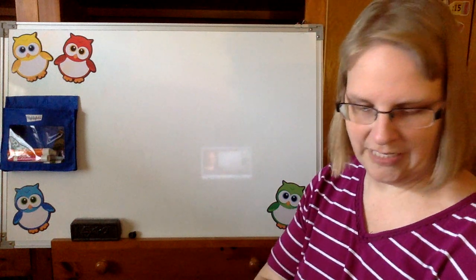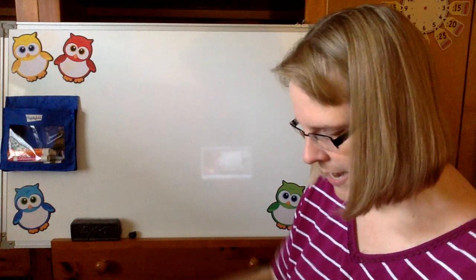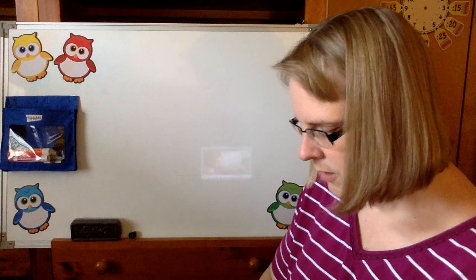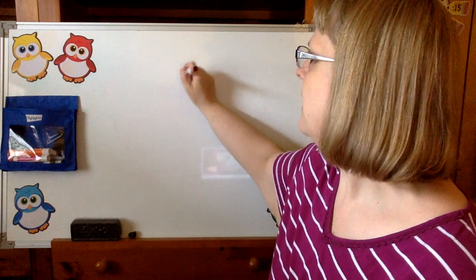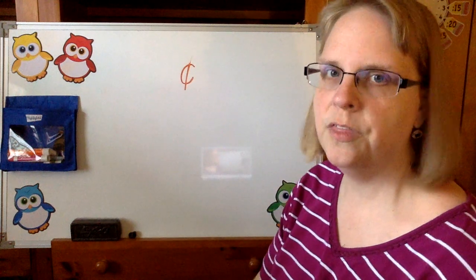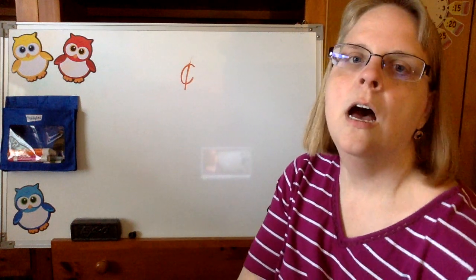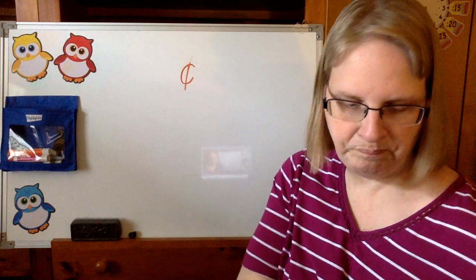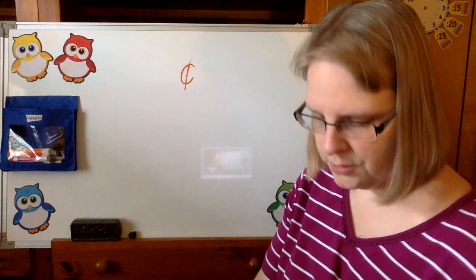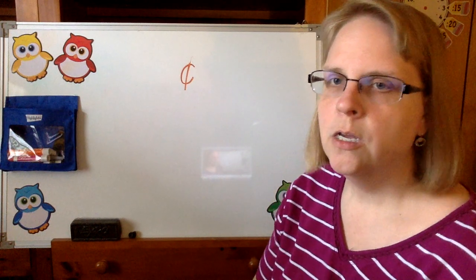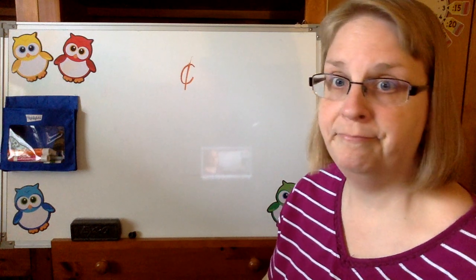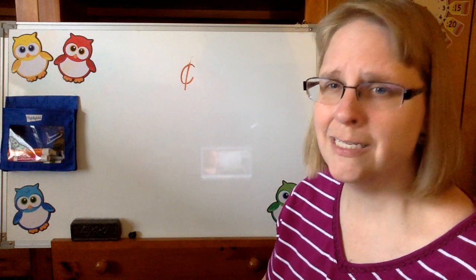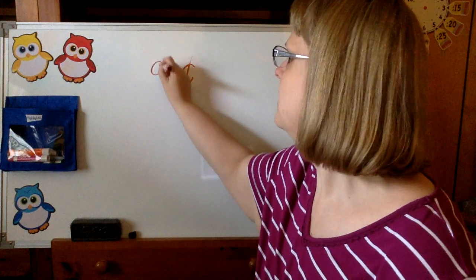So I have a little friend here who's not happy. So we're going to briefly review the dollar and cent sign, because I see a lot of confusion with that in fourth grade. The cent sign should be used to show whole amounts of cents, typically less than $1, so up to 99 cents.